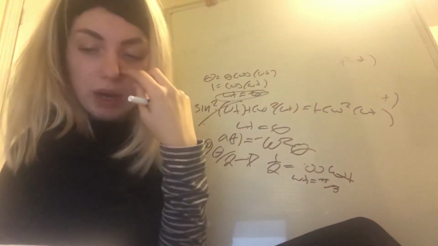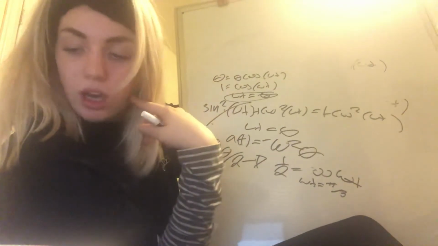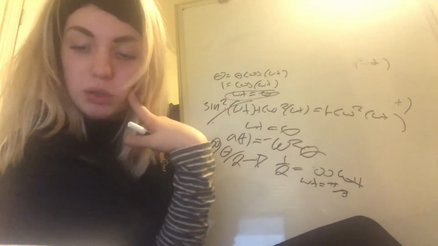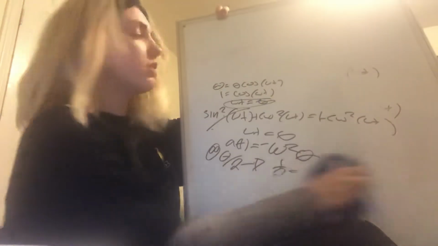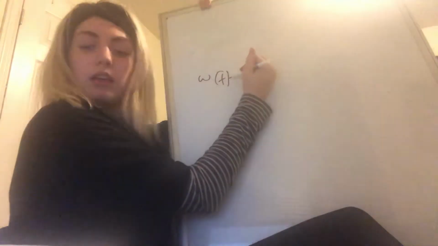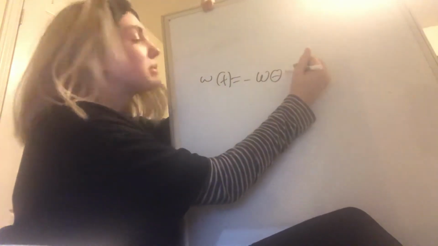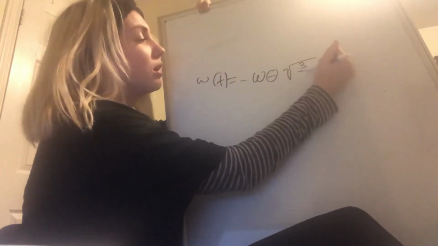And since sine squared of omega t equals 3/4, we can conclude that the angular velocity equals negative omega theta root 3/4. So the angular velocity equals negative omega times theta times root 3/4.